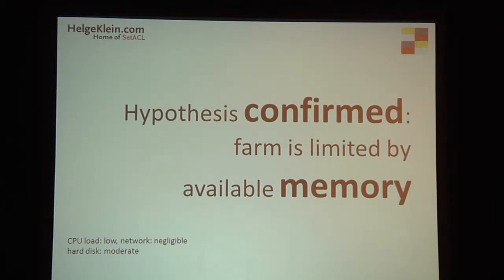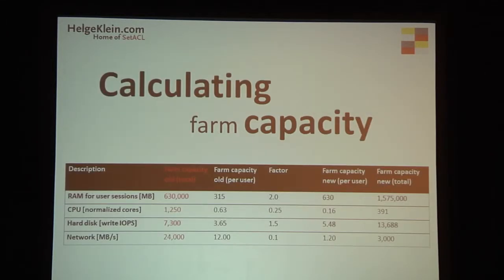Now, with this information, let's get back to the table I showed you in the beginning. We can now start to calculate farm capacity. So let's see how we can do that.